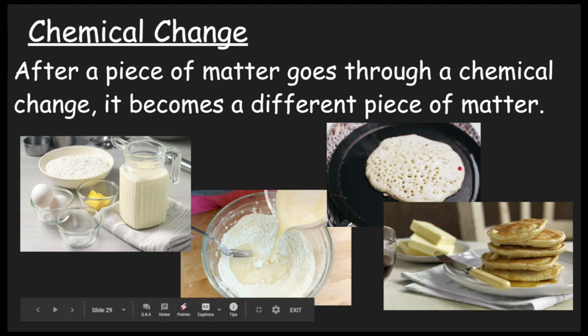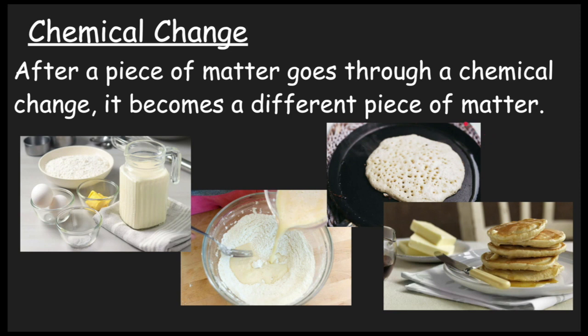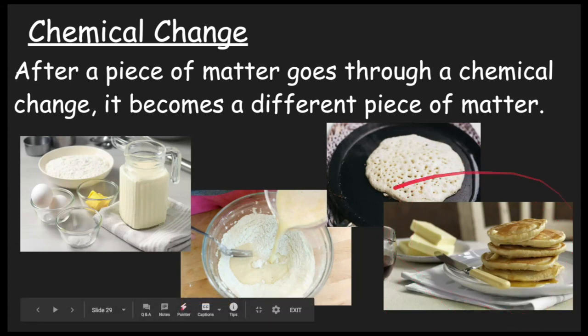See, when you look at this picture, it no longer looks like a piece of butter or an egg. It's starting to look more like a pancake. And that is because it's becoming something different. It's becoming a pancake, and it is going through a chemical change. And down here, there's a delicious looking stack of pancakes that every time I look at this picture, I get hungry.